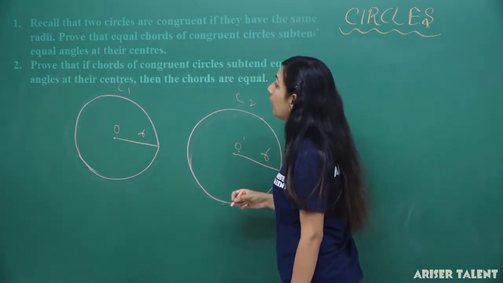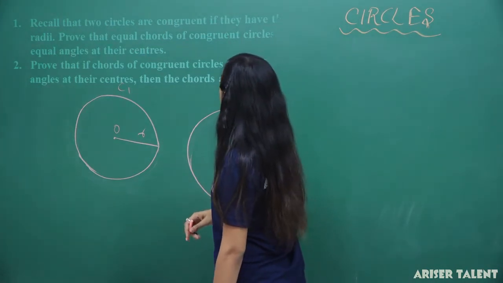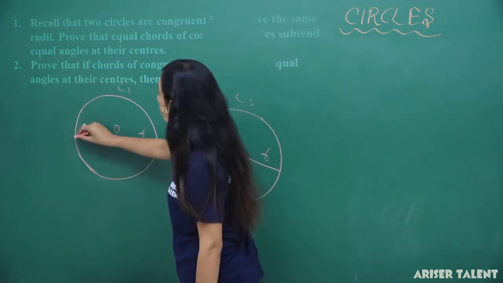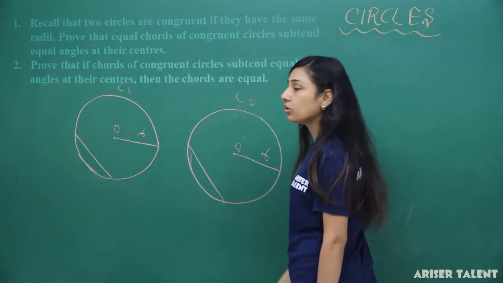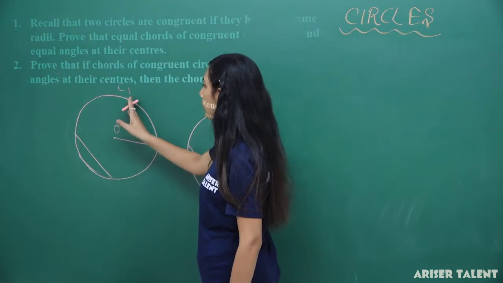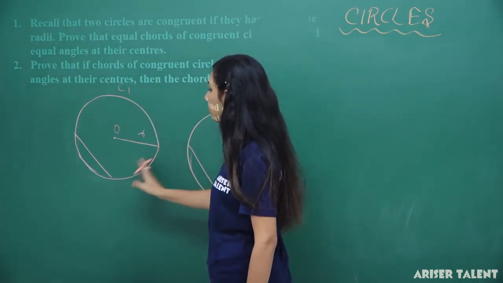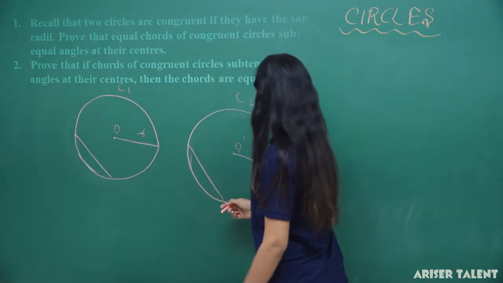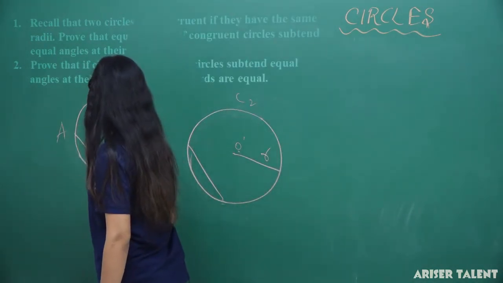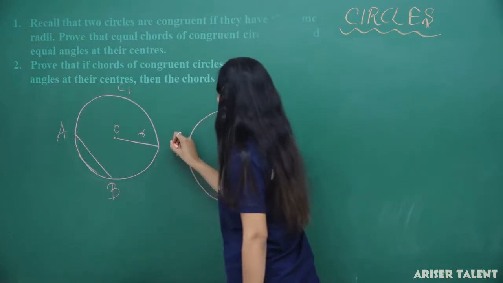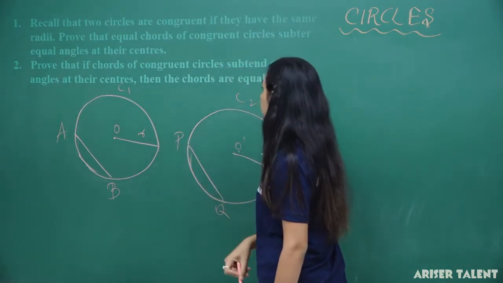Okay, now the chords of congruent circles: one chord, second chord. You can draw this chord not necessarily here, but you can draw it here also, anywhere you want to. Okay, and you are having this chord here. This chord's name is AB, and this chord's name is PQ.